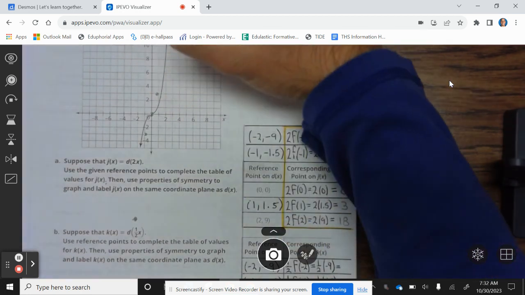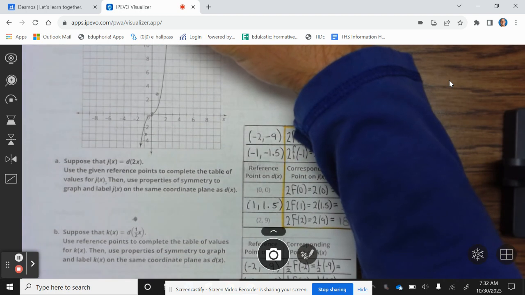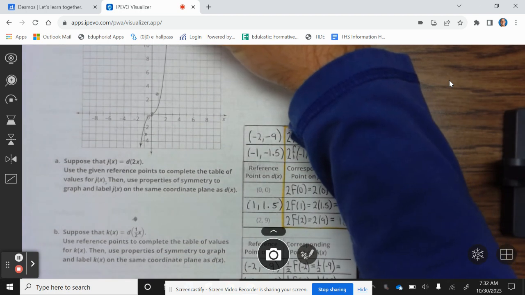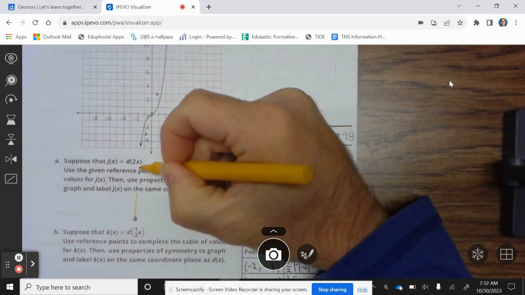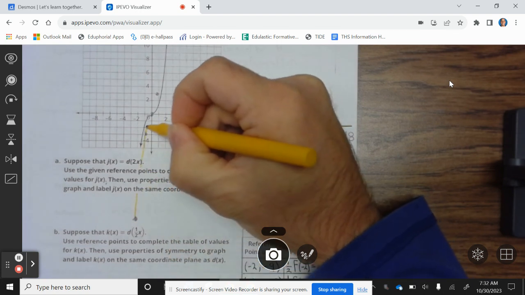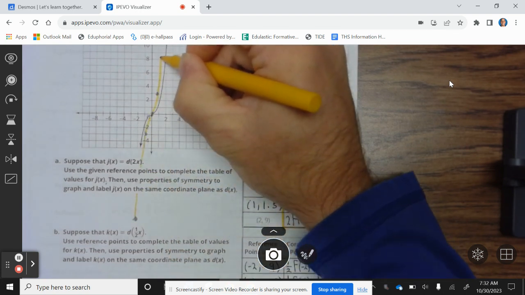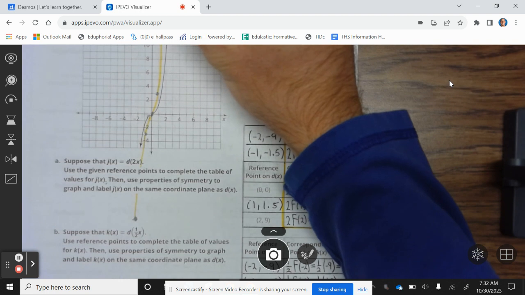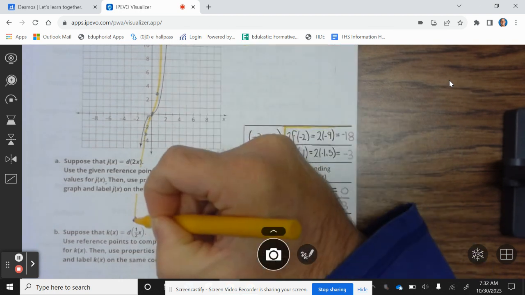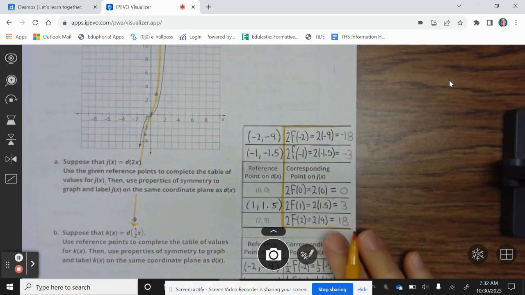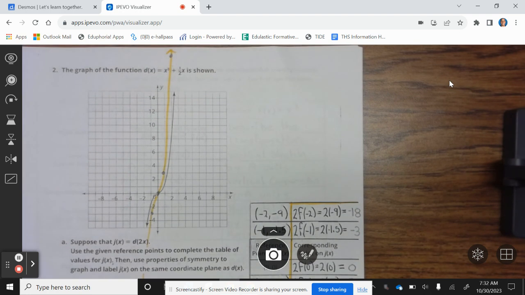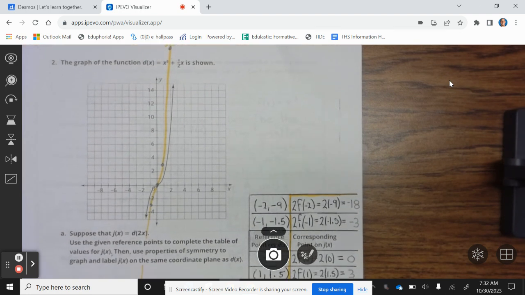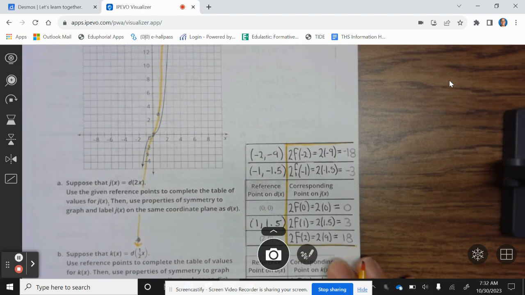And 2, 18 is probably somewhere up here. All right, go ahead and finish that graph.